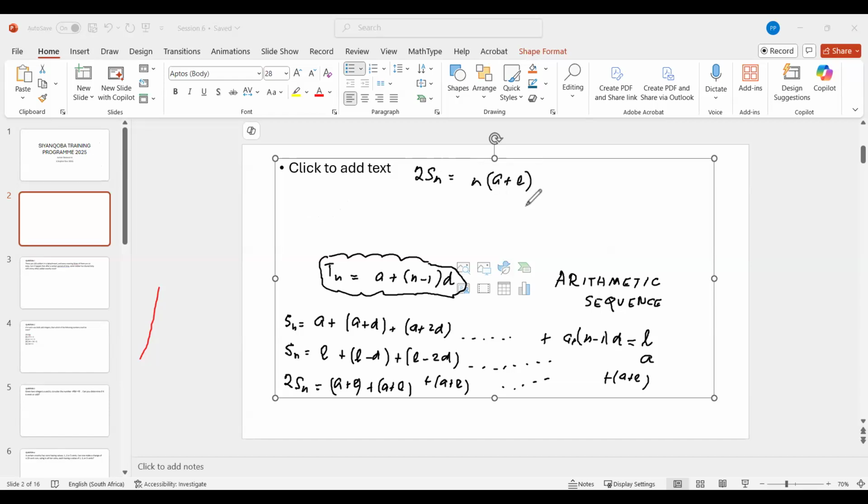So it's n times this. If 6 is added to itself 17 times, it's 17 times 6. So you've got this formula here that Sn equals n over 2 into A plus L. So this is your second formula.